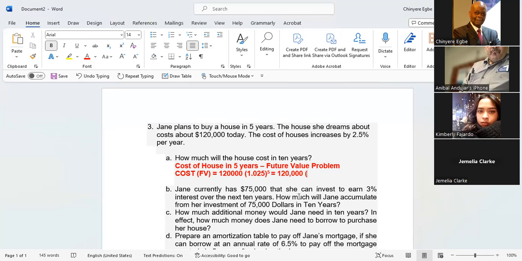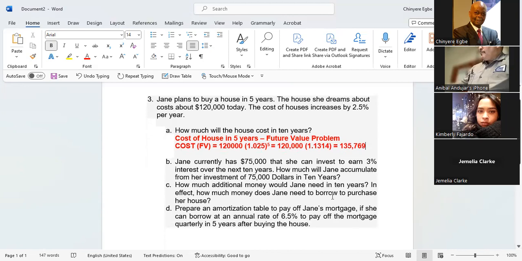All right. 1.1314. Okay. And so you multiply that, and we have 135,769. So that is how much the house will cost in 5 years.